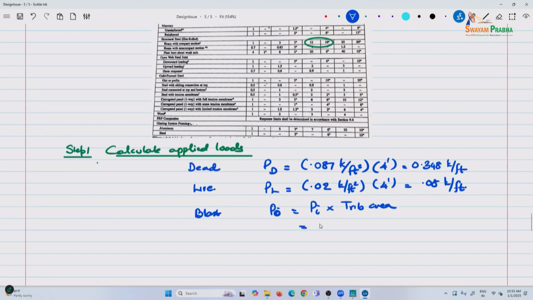So, this is 13.9 multiplied by, the span is 18 feet and tributary width is 4. So, comes to 144 kips.